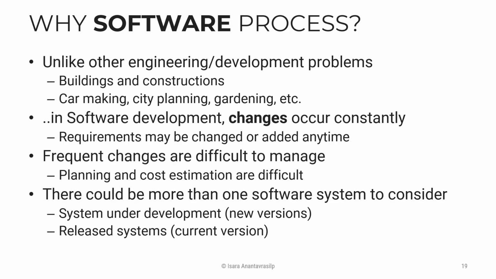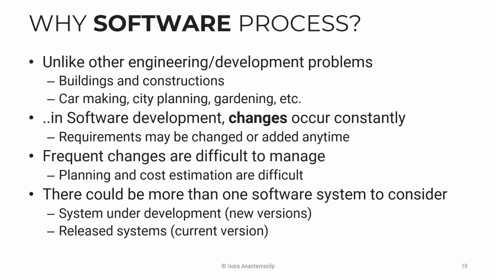So why do we need a software process? Why can't we just follow a normal engineering or construction process: requirement engineering, design, develop, release? Because unlike other engineering or development problems, such as building, constructions, bridges, car making, city planning, gardening, in software development changes occur constantly.